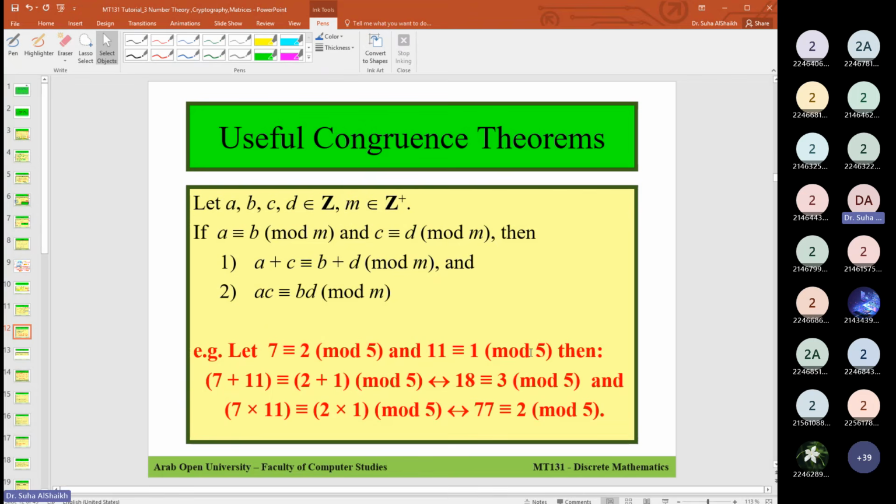Now, we also have some useful congruence properties.